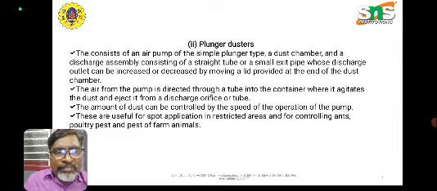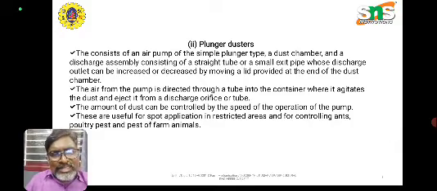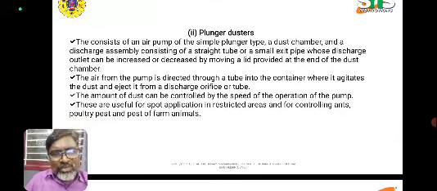The air from the pump is directed through the tube into the container, where it agitates the dust and ejects it from the discharge orifice or the tube. The amount of dust can be controlled by the speed of operation of the pump. They are useful for spot application in restricted areas and for controlling ants, poultry pests and pests of farm animals.